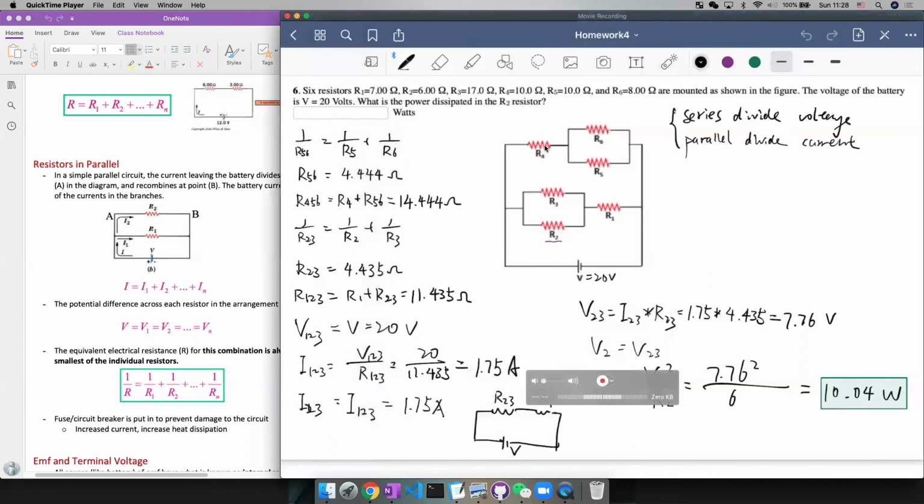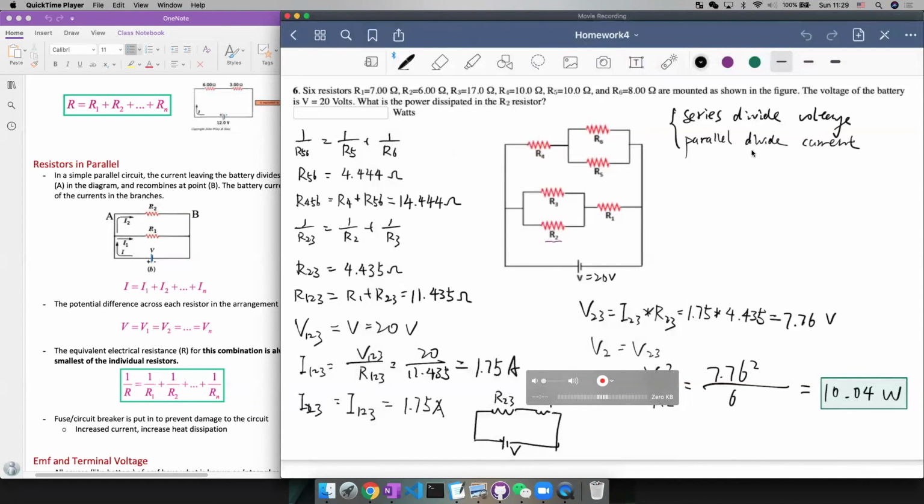Which means they don't have the same voltage. So this part and this part, they're in series, right? So they don't have the same voltage. But we're not saying that series divide current. They're in series, so their current is the same.